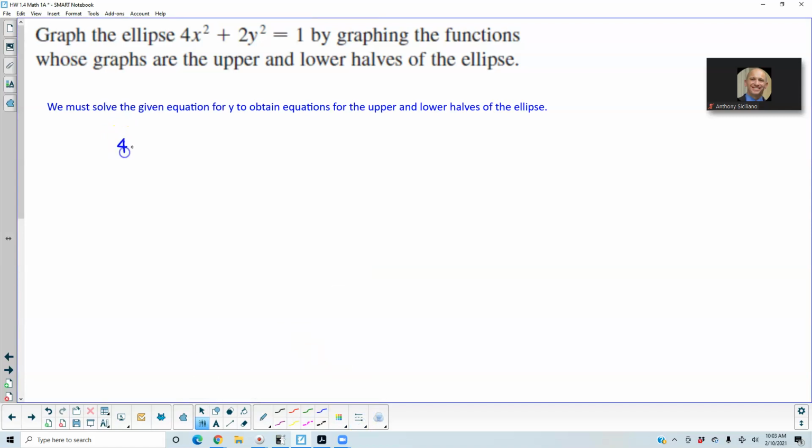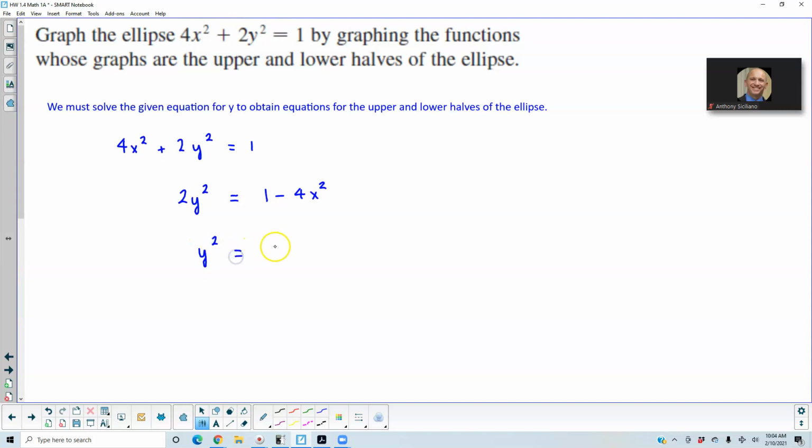So we have 4x squared plus 2y squared, which is equal to 1. Subtracting 4x squared from both sides, we have 2y squared, which is equal to 1 minus 4x squared. And then divide both sides by 2.